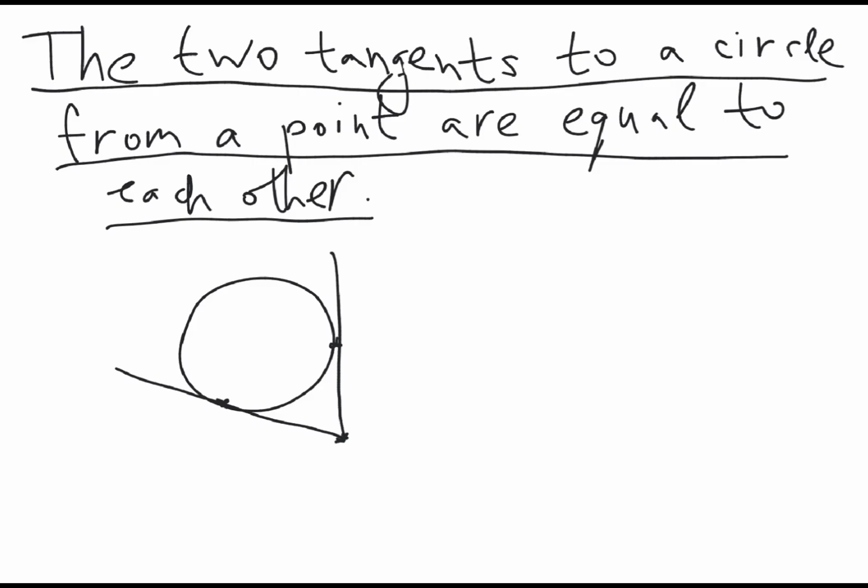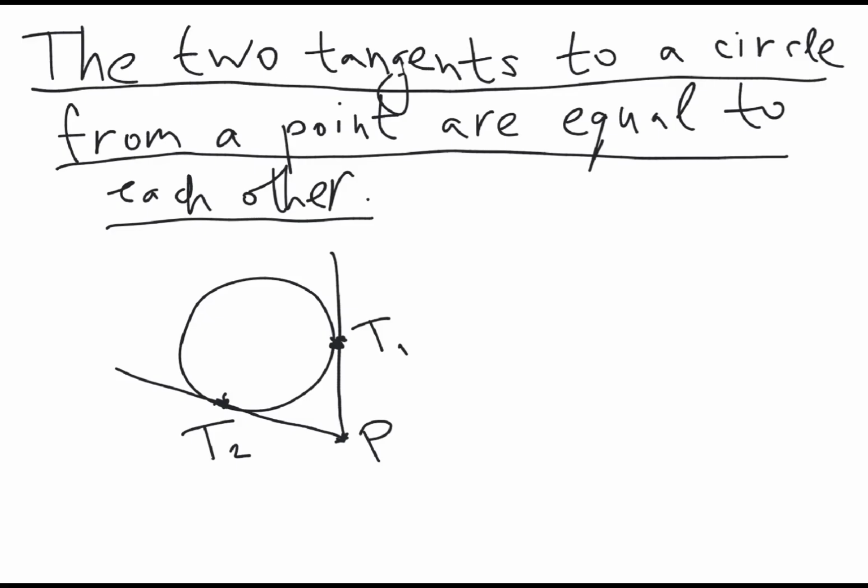So let this be point P, and these the points of tangency. Denote them by T1 and T2.